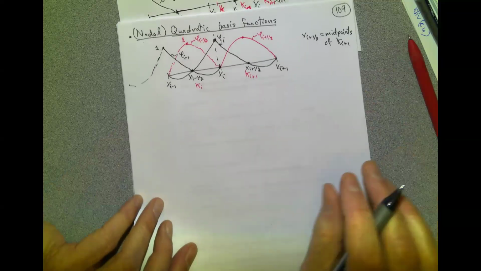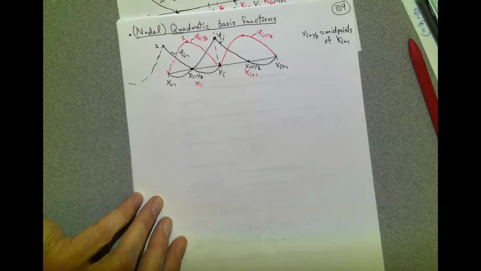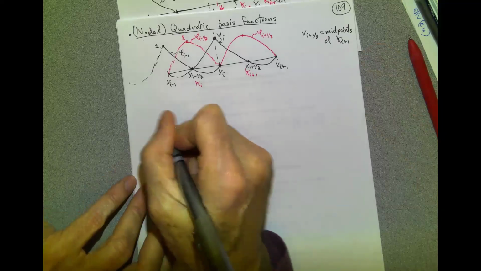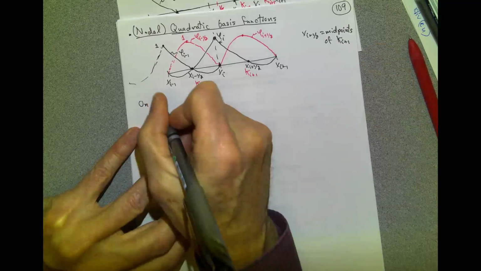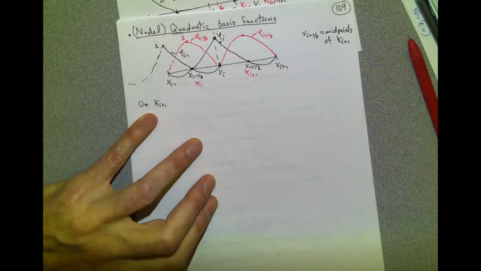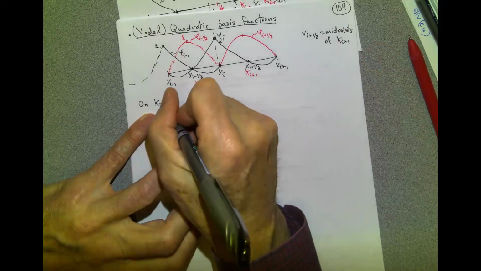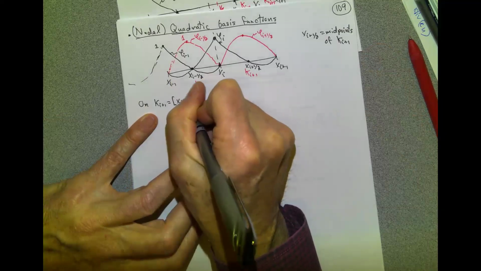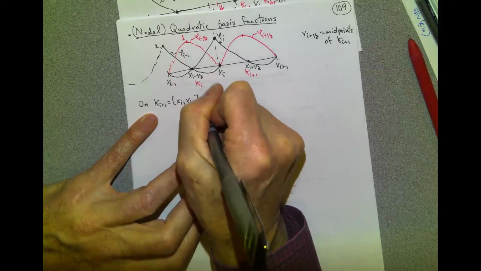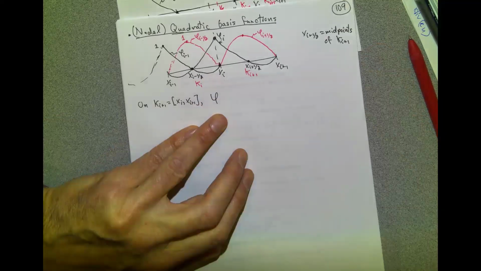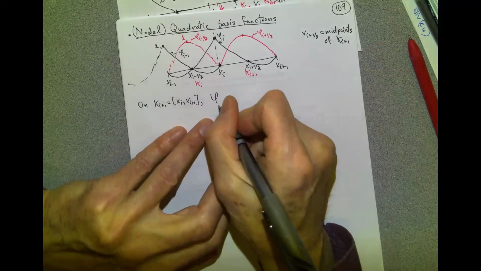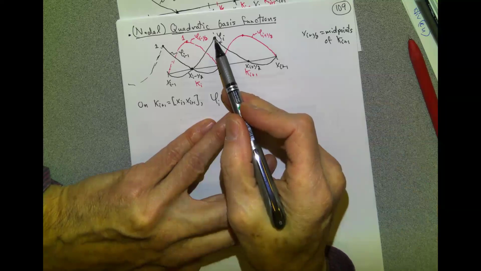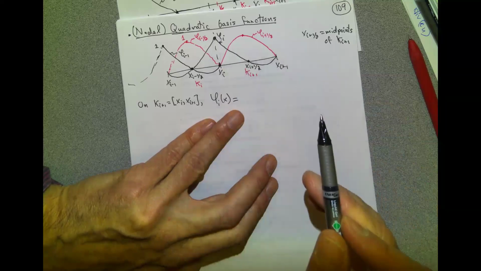Now, once you have to write that, you just use Lagrange interpolation. How do you do that? It's done in this way. On the element Ki plus 1, going from xi to xi plus 1, let me write the function phi I. It needs to be 1 at that point, and 0 at the other point.